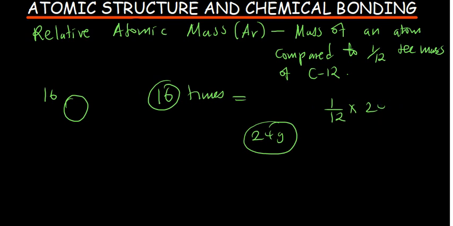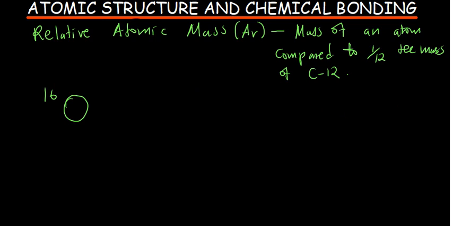Now, because of the isotopes which we have, there is a formula that we use when you want to calculate the relative atomic mass of an element. For example, when you get hydrogen itself, you have got hydrogen 1, hydrogen 2, hydrogen 3. These numbers are the masses of the hydrogens which we are talking about.